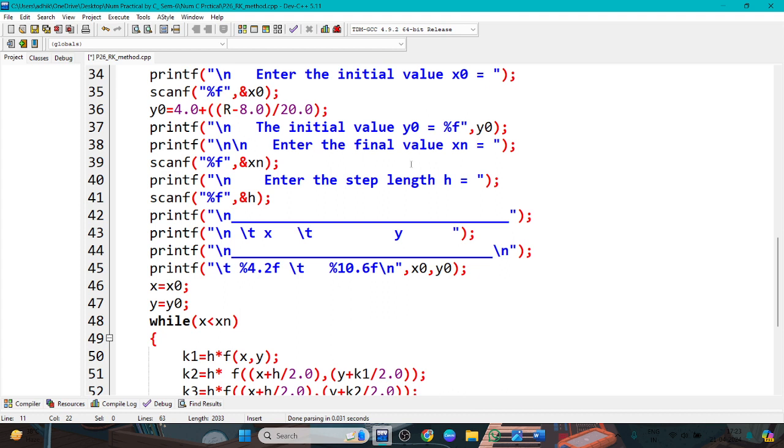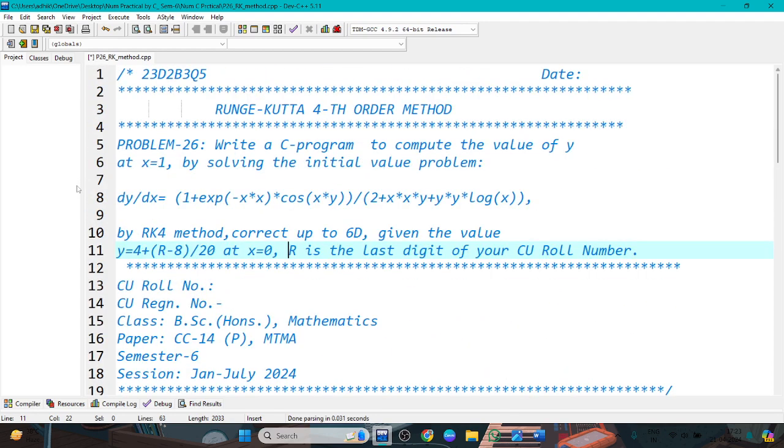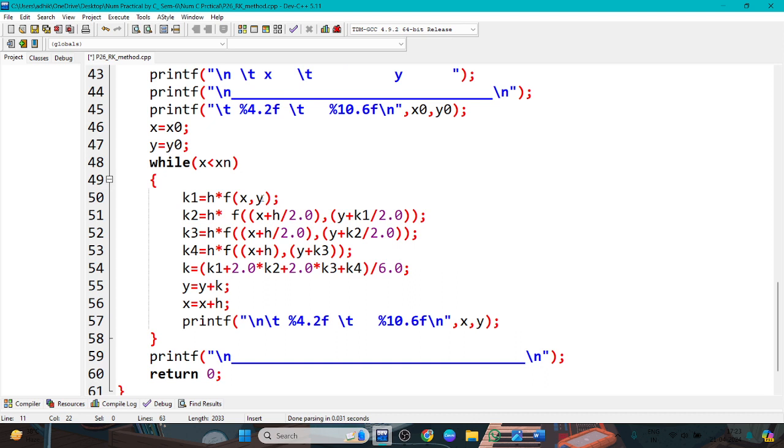Print, enter the final value of xn. Here the final value is x equal to 1, so final value of x, that is xn equal to 1, put here. Enter the step length h, say 0.1, and then print this value of x0 and y0.